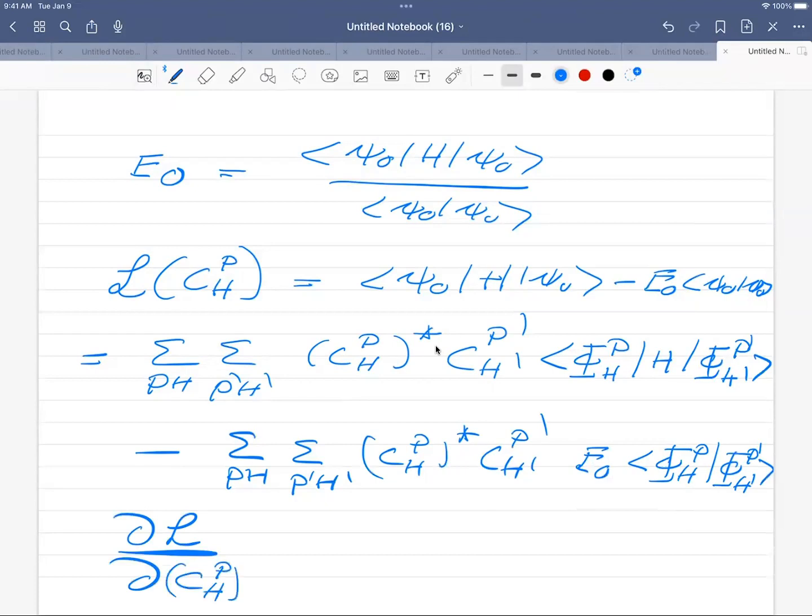And you can actually show that this is a sufficient condition to optimize with respect to one of them. They are not going to be coupled equations, so it's sufficient to look at one of these.